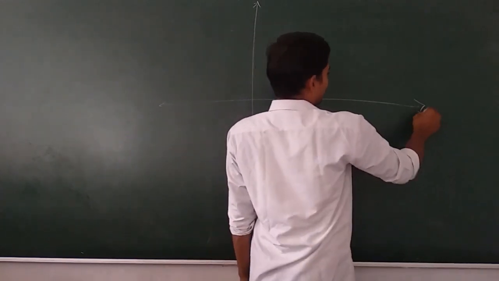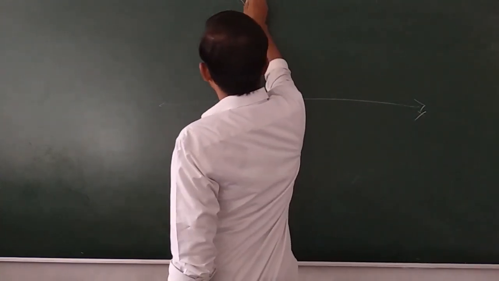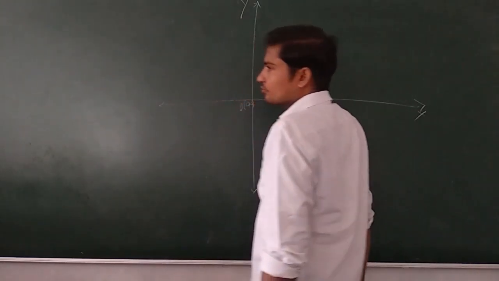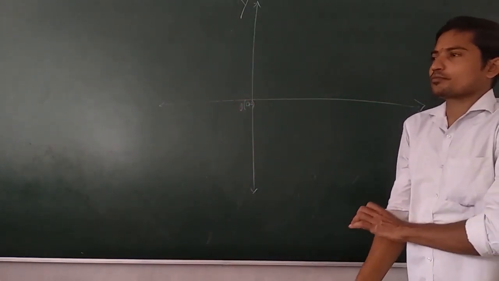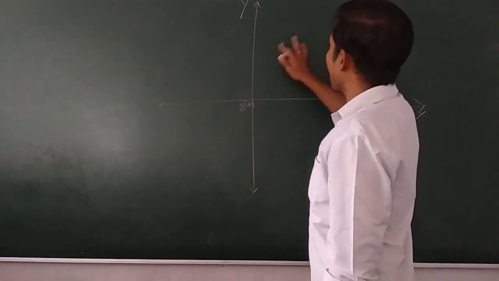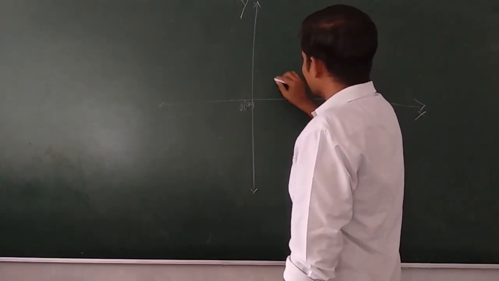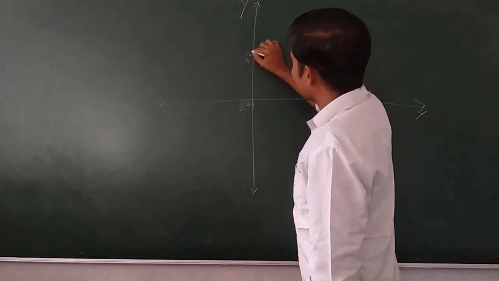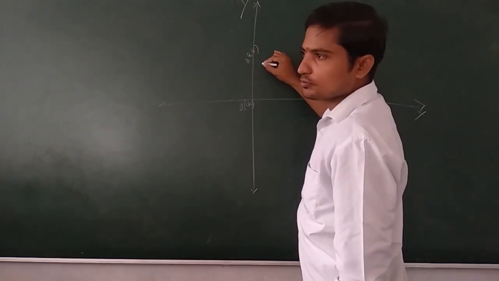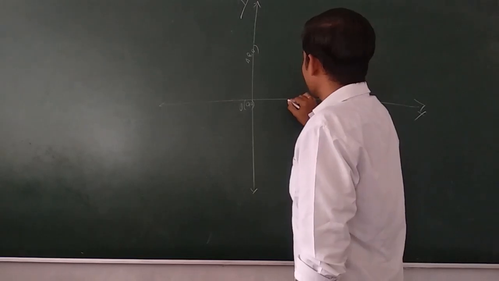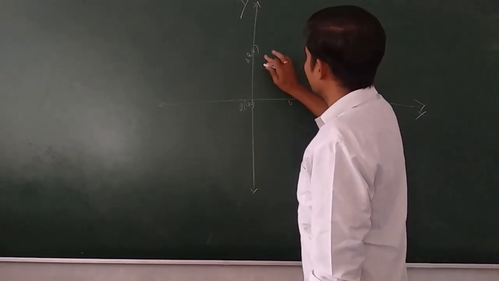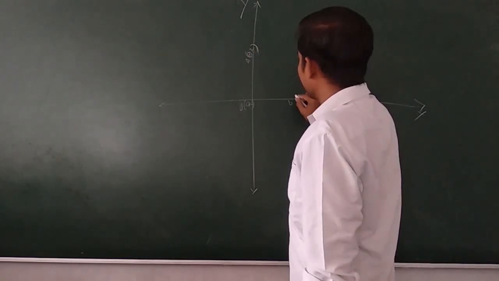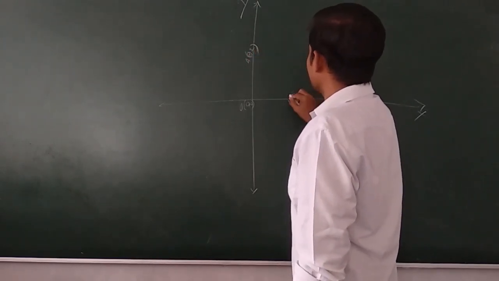Coordinate axes x, y, 0, 0. Suppose A is 2, 0 and B is 0, 2, and this is 3, 0.